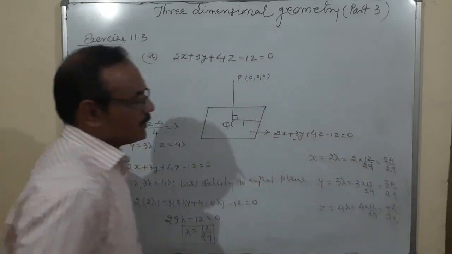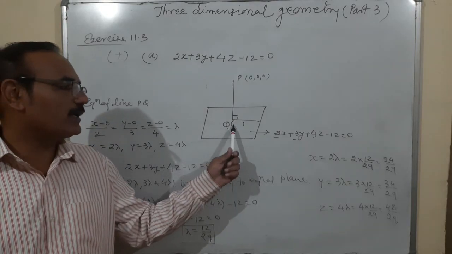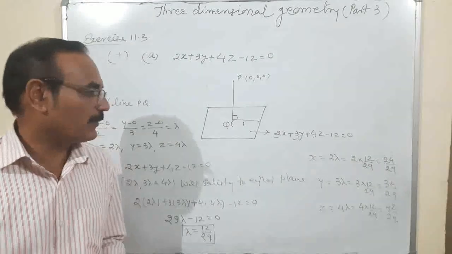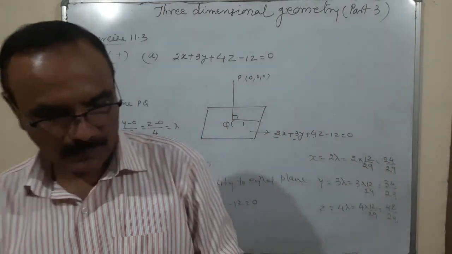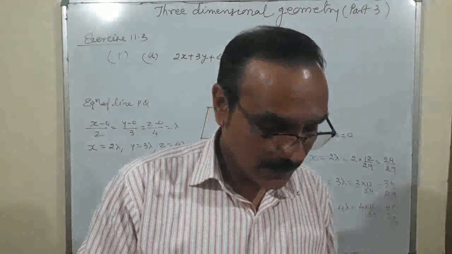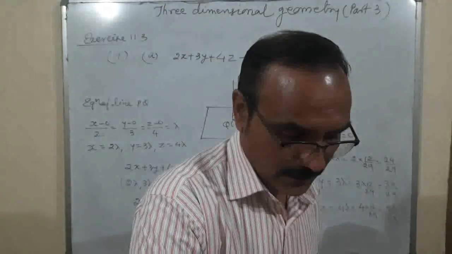So 24 upon 29, 36 upon 29 and 48 upon 29 are the foot of perpendicular. Got it? So that is question number 4. Now we are coming to question number 5.